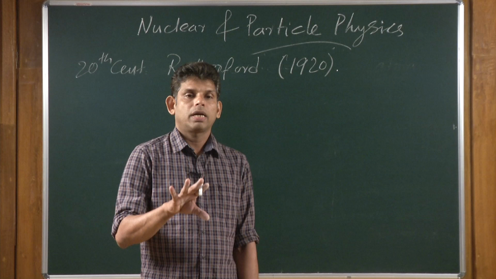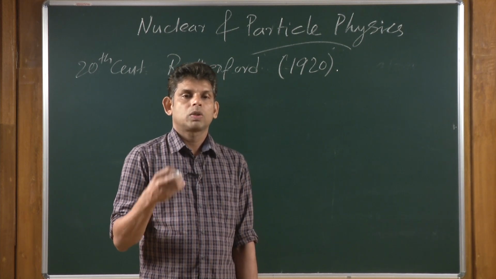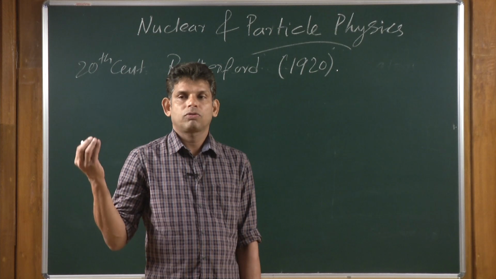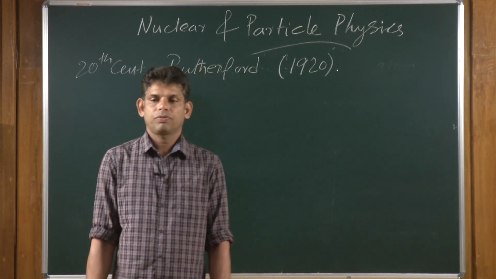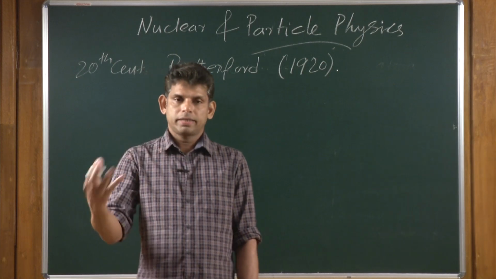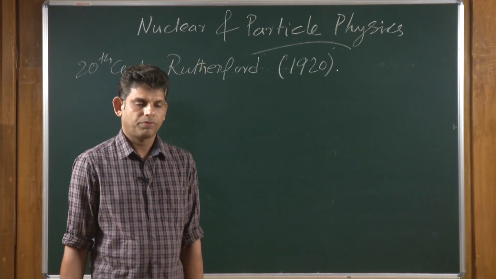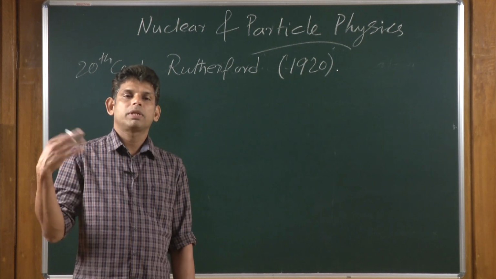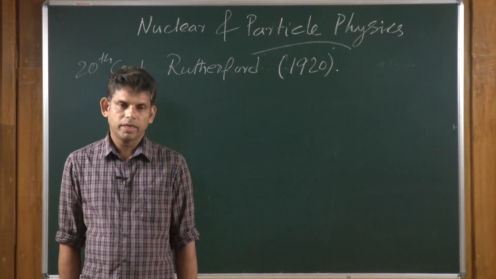They could understand the nucleus of different atoms. Understand meaning they could distinguish. Hydrogen atom has its nucleus, helium atom has its nucleus, atoms of heavier elements have heavier nuclei, etc.